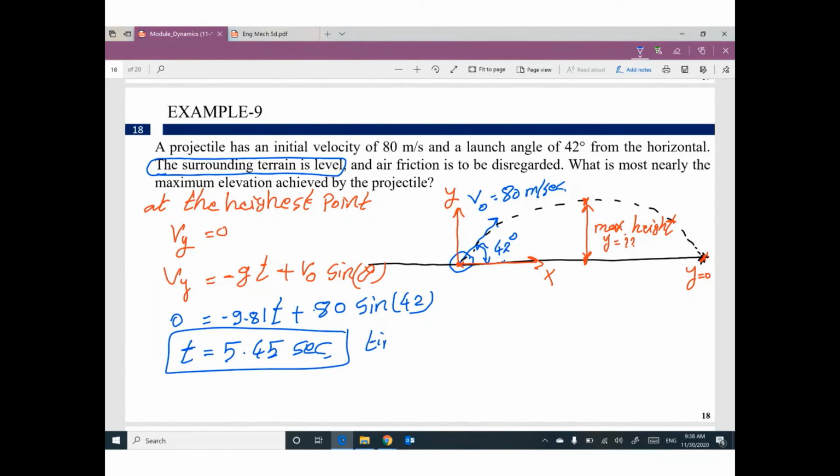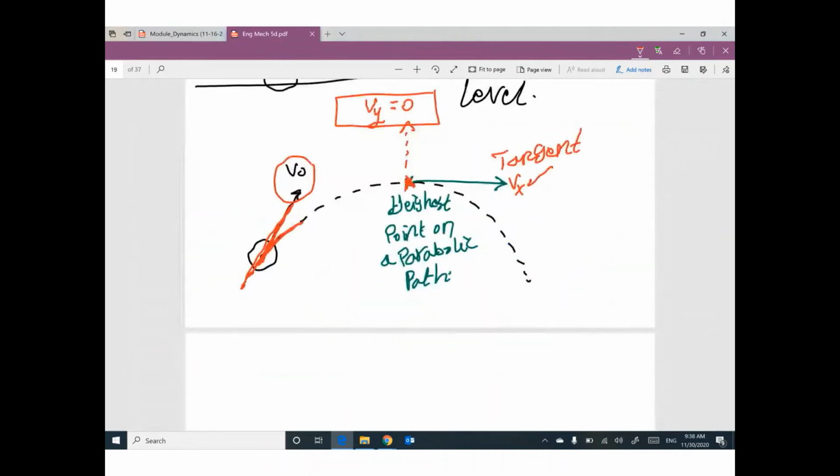Time required for this projectile to reach the highest point. You cannot solve this example without this information.